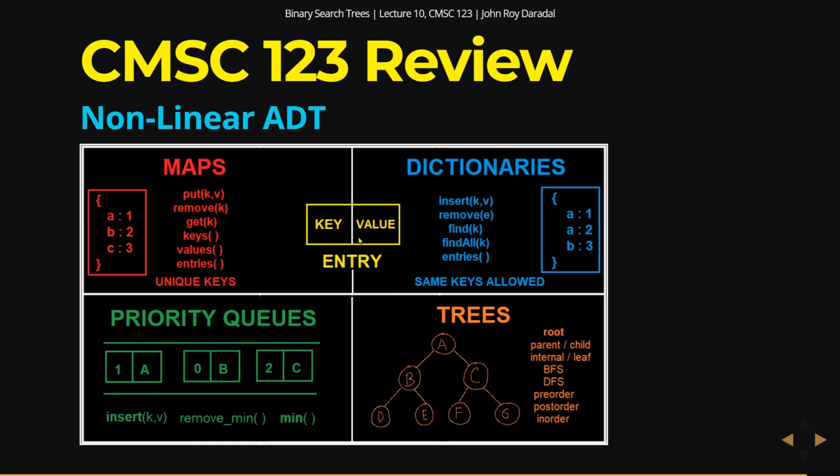Key value pairs. And the main difference is that for maps, you have unique keys, whereas in dictionaries, you can allow same keys. Okay, so multiple entries with the same keys are allowed. Okay, so for map, you need to make sure that the key is unique before you can insert it.